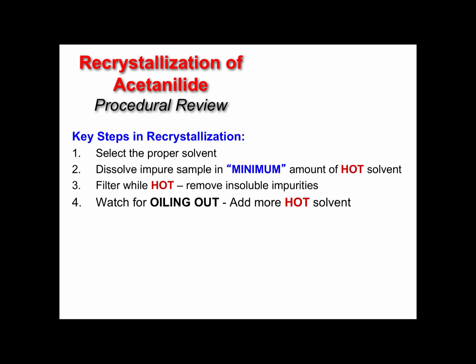Most of you will have oiling out this week in lab. The reason is that oiling out happens when your solid melts before it dissolves. As you're trying to add more solvent, it can actually melt because of the temperature; it hits its melting point.